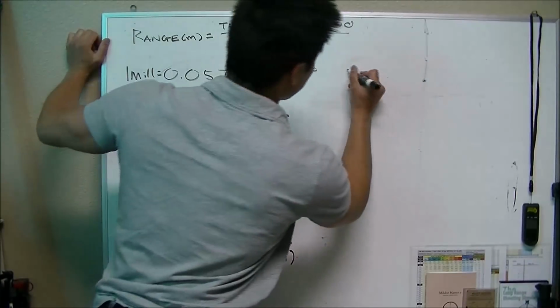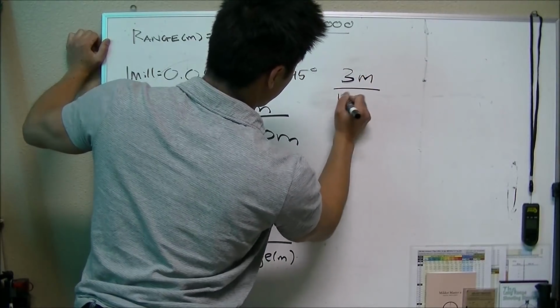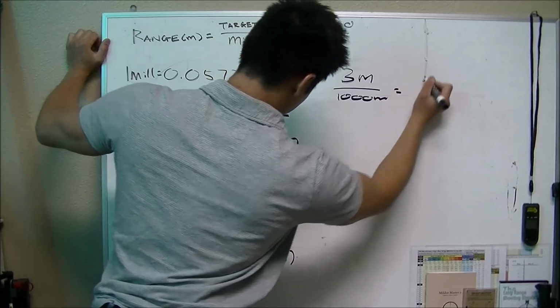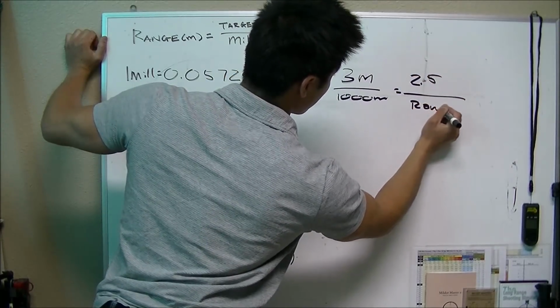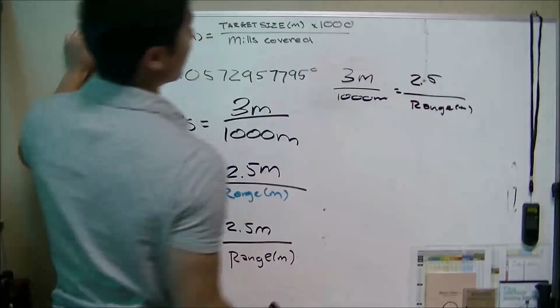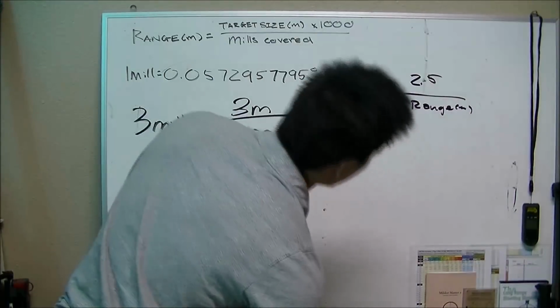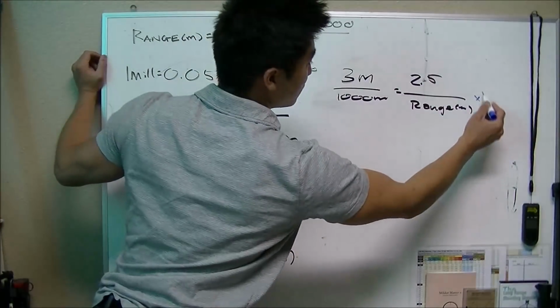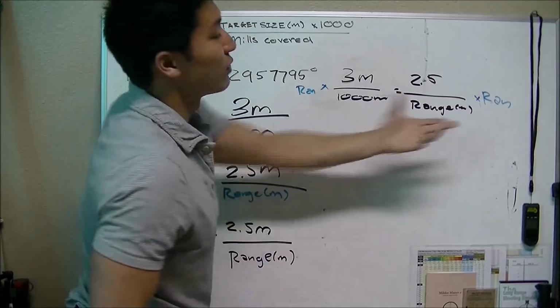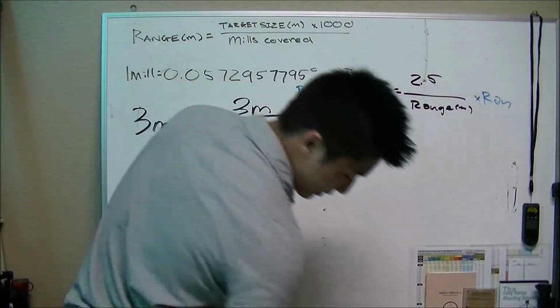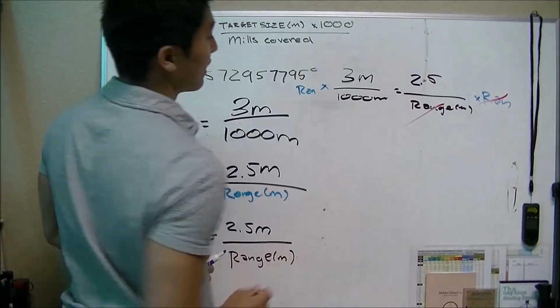Okay, we got 3 meters over 1,000 meters equals 2.5 over range. And you'll see why I really wanted to show you this one. So we're going to multiply both sides by range. Whatever we do on one side, we have to do on the other side. Cancel that out.